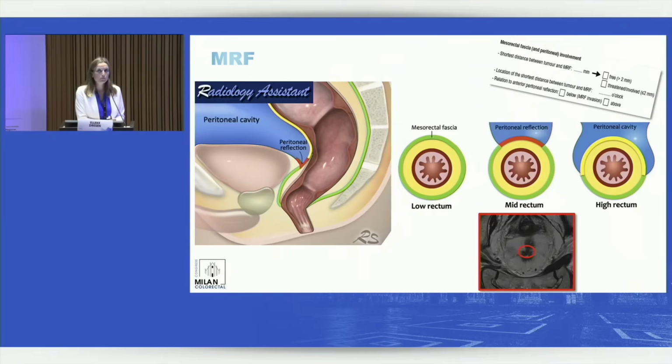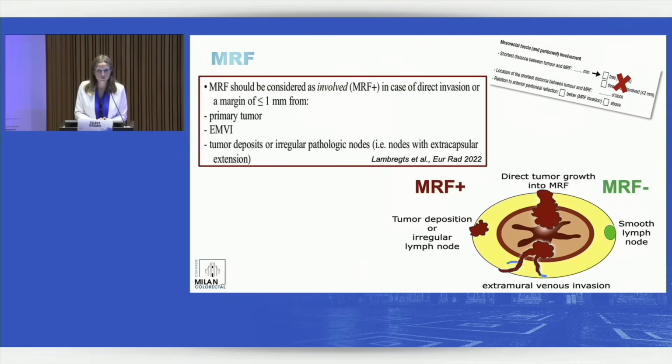Of course here we also need to be aware that on the anterior side in more proximal tumors, somewhere the peritoneum starts. Specifically for the radiologist, they need to not call this MRF invasion, but peritoneal invasion. And then, of course, you already have the T4a stage.